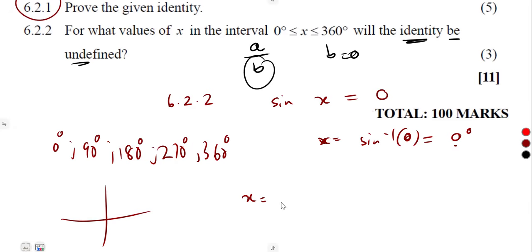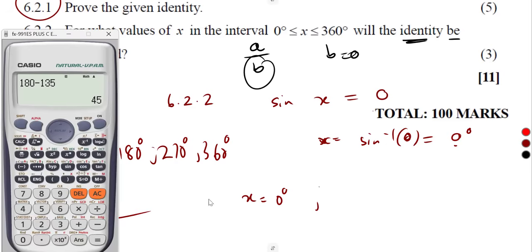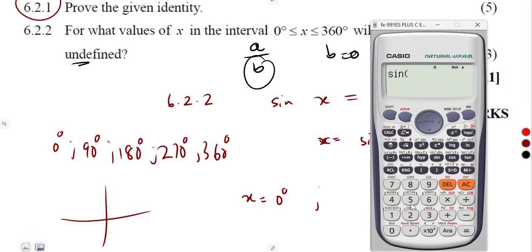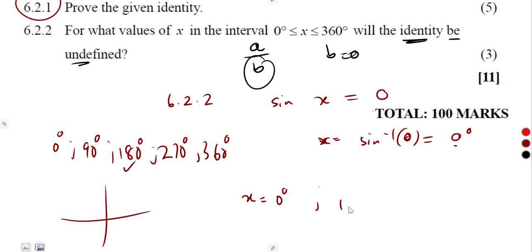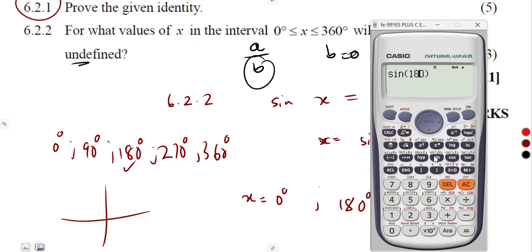You know that the first one, yes, it is 0 degrees. Or you move on to another one, 90 degrees, and see if it is going to give you a 0. Sine 90 is 1. That's not a 0. So we move on to 180, sine 180, that's a 0. So 180 is also part of our angles. You move on to 270 degrees, do the same, 270, that's minus 1, not a 0.